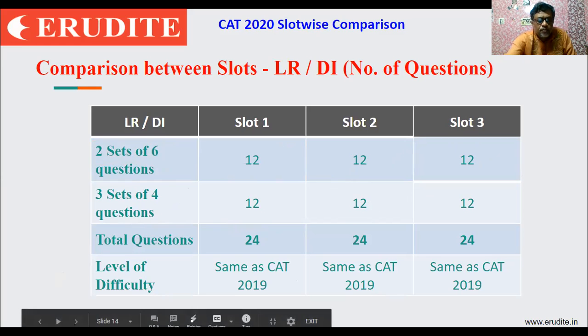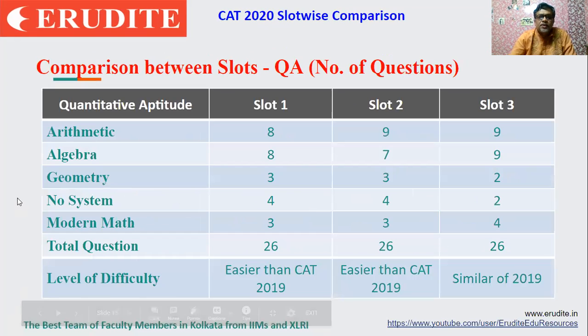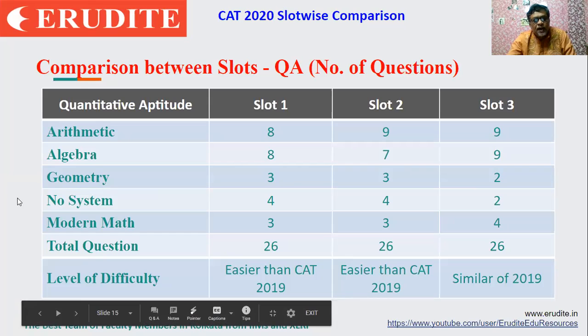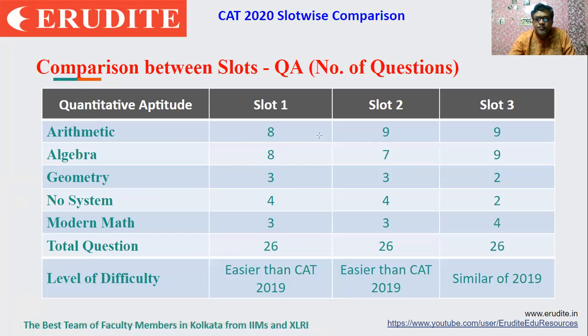Now, moving to the next one, the QA zone, we can find that in arithmetic and algebra the number of questions more or less remains the same. 8 questions in arithmetic, sometimes 9, and algebra also 8 or 7.